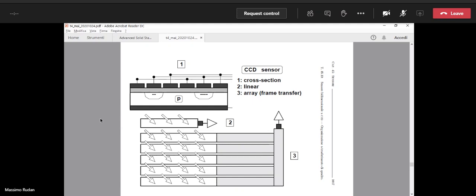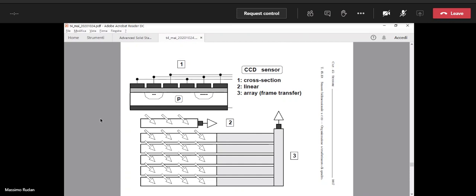So the implementation of it is very simple, much simpler than in the standard implementation of optical devices based on electron beams, okay?